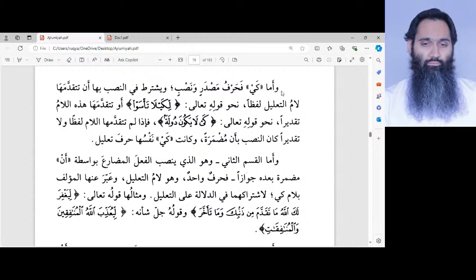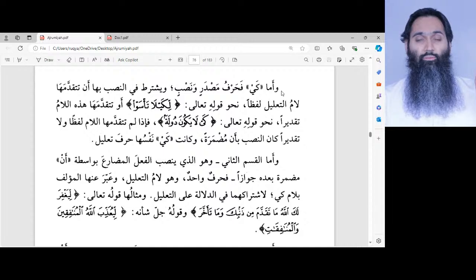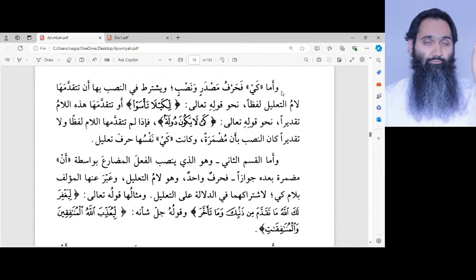So the condition to use it as a nasib, in order to do nasb with it, أن تتقدمها لام التعليل لفظا, that something called Lamu Ta'leel has to come before it lafdan, written there physically.